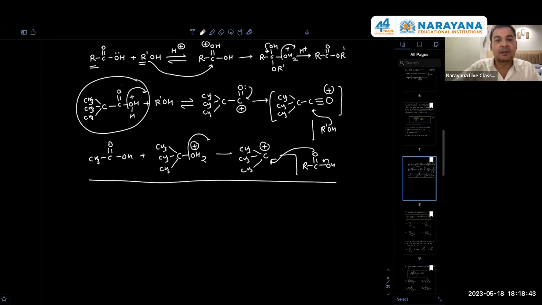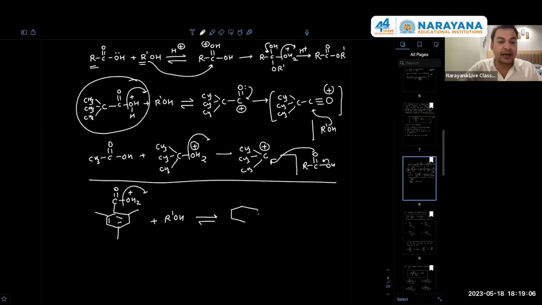This part I am explaining again. Suppose you have such a case: methyl, methyl, methyl, and here you have C double bond OH, and some alcohol is there. Then don't protonate this double bond O. You can't get attack here. So please protonate this one and remove this.